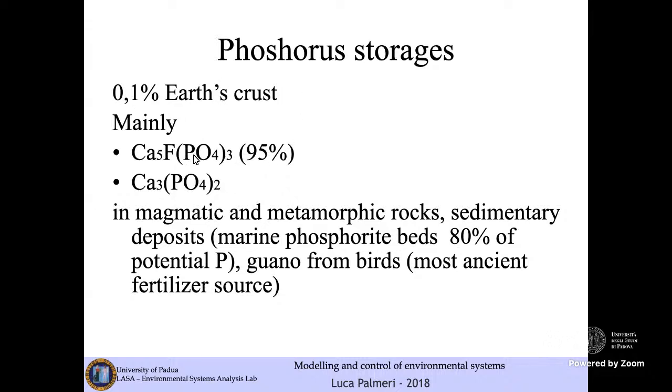So the fundamental part of these molecules containing phosphorus are phosphates. So in magmatic and metamorphic rock, sedimentary deposits, marine phosphate beds may contain up to 80% of the potential phosphorus. This comes, for example, as I was telling you, from wastes from the biosphere like guano from birds. That is the most ancient fertilizer source.